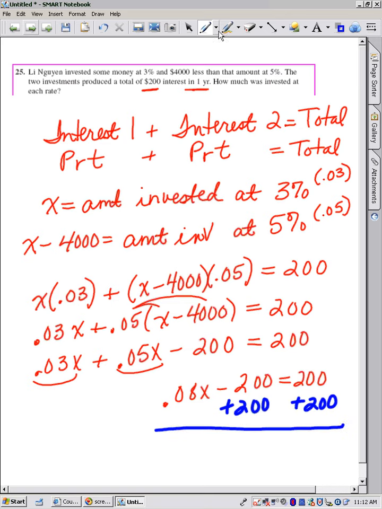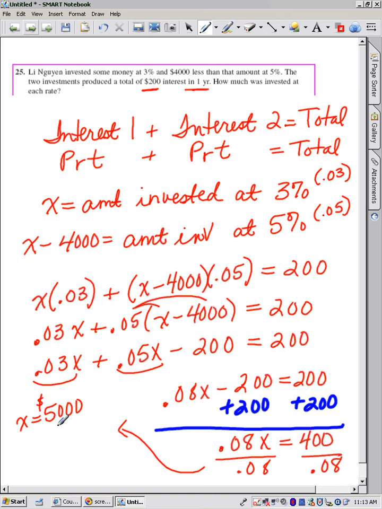So we would get 0.08x is equal to 400. Now if we divide 400 by 0.08, we get 5,000. X is 5,000.